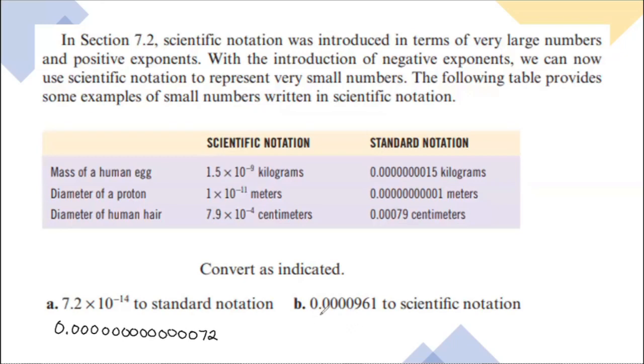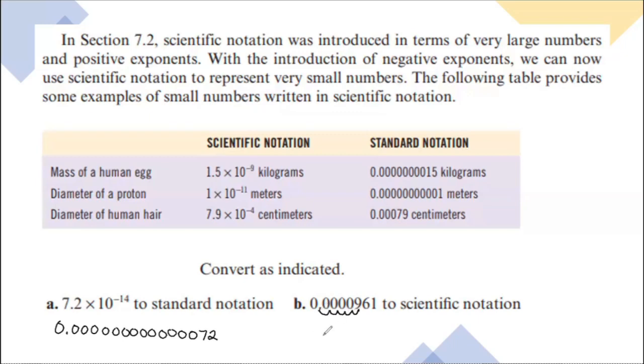Then, for letter B, ang given dito ay 0.0000961. Ang gagawin natin dito ay convert to scientific notation. So, mag-move tayo mula dito to the right hanggang marating natin yung 9. Okay, so 1, 2, 3, 4, 5.